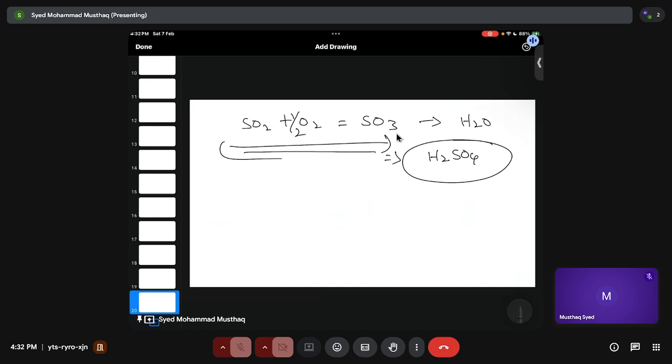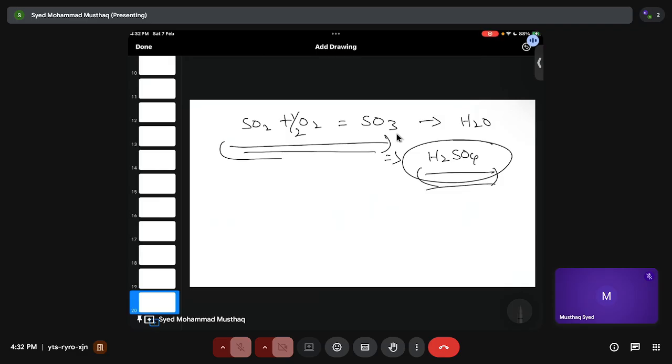That's how you reduce the byproducts, and when you sell sulfuric acid, you will have some economic benefit also. So you are getting byproducts and then you use them, instead of just leaving them to the environment, which is bad. So that's all for today's session.